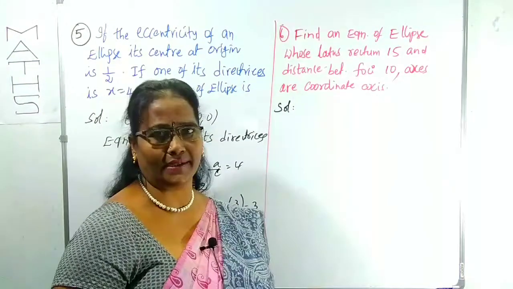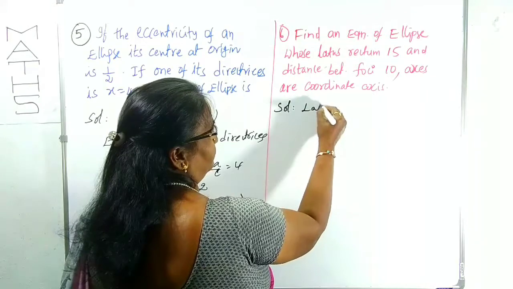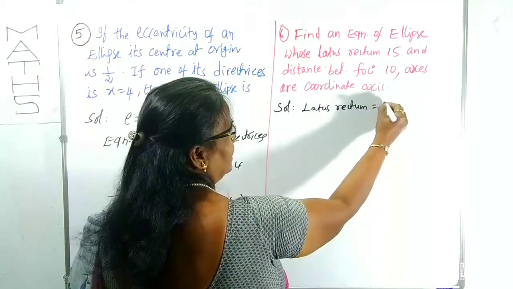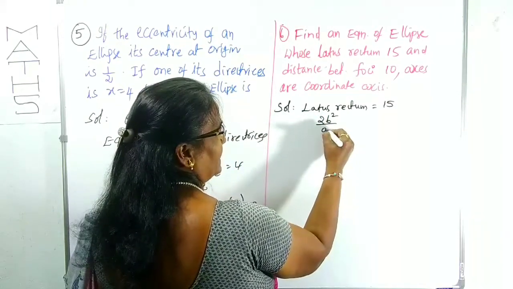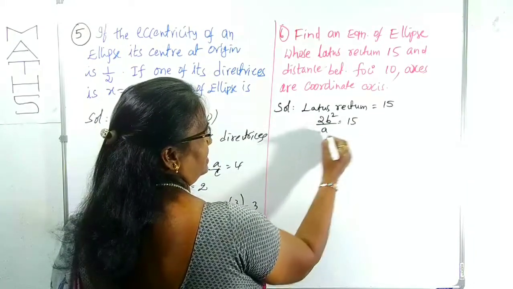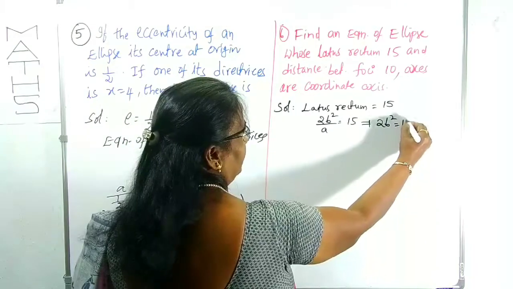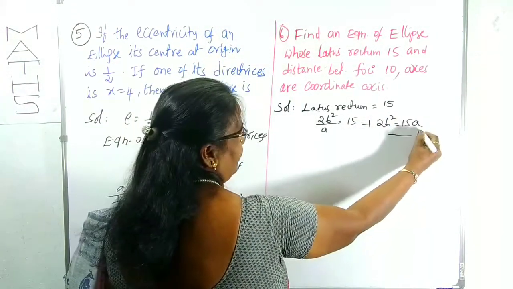Axes are coordinate axes. The length of latus rectum is given as 15, that is 4b square by a is 15, hmm, and by cross multiplication, 2b square is equal to 15a. We can take this as equation 1.